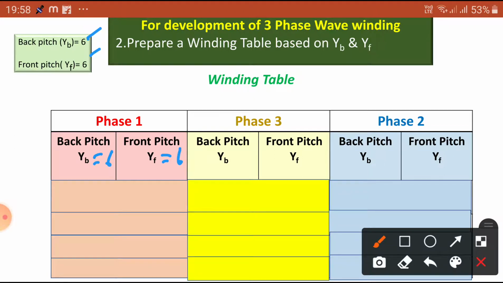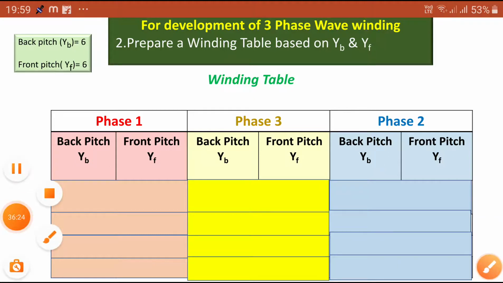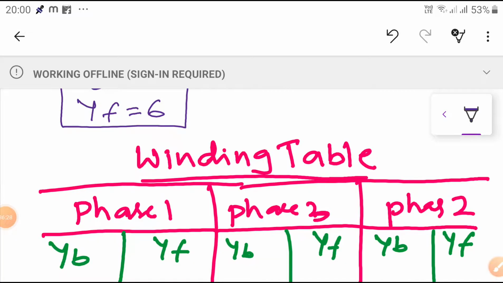We will do it manually. Here phase 1, phase 3 and phase 2. Don't confuse phase 3 with phase 2. Now, under phase 1, let us take the R phase, Y phase and B phase.